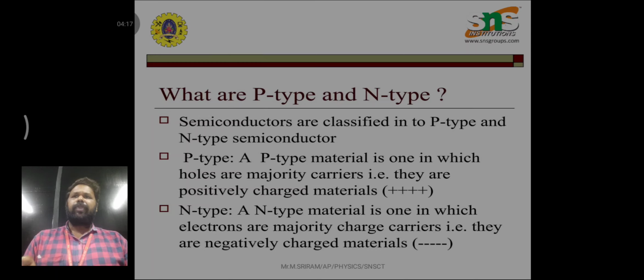P-type. In a pure intrinsic silicon or germanium semiconductor, each nucleus uses 4 valence electrons to form 4 covalent bonds with its neighbors. Each ionic core, consisting of the nucleus and non-valence electrons, has a net charge of positive 4 and is surrounded by 4 valence electrons.